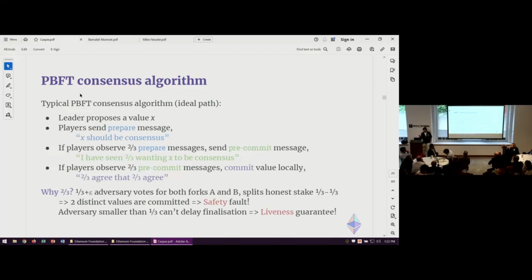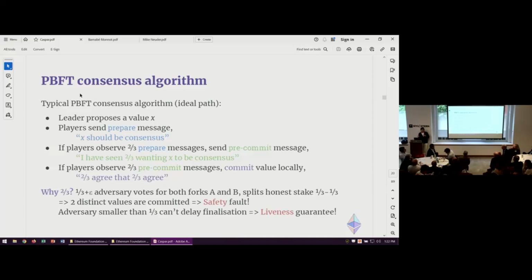So here's the scenario. You have block A and you have block B. The adversary that has 1/3 of all stake votes for both blocks. So right now, blocks A and B both have 1/3 of all stake voting for them.